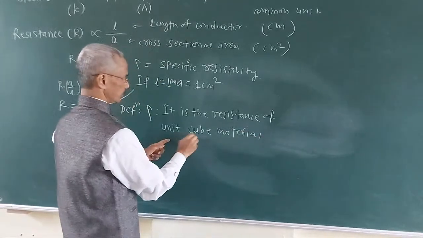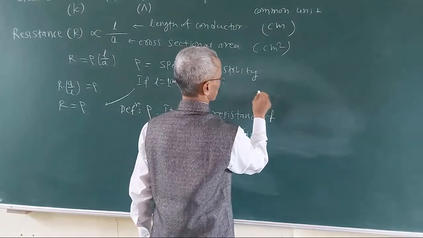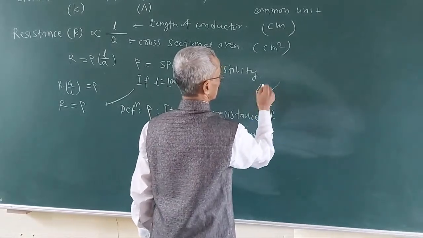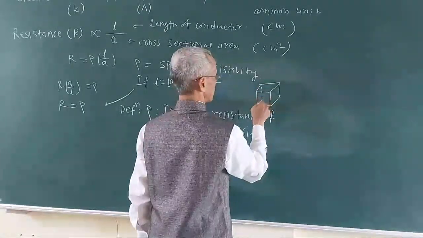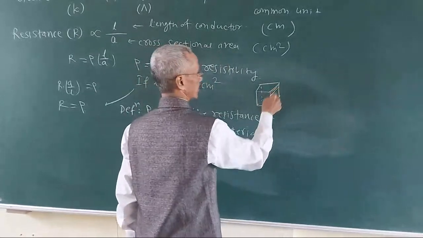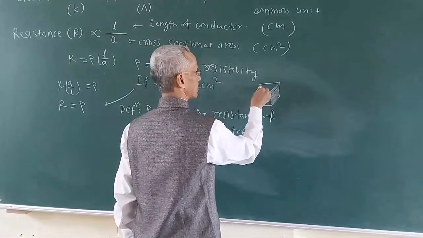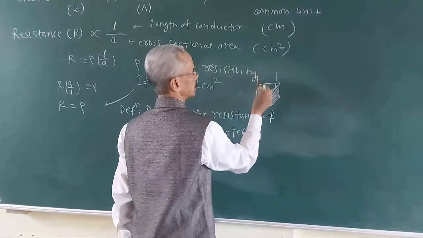What is a unit cube? That means if you consider your conductivity cell, there are two electrodes. Suppose this is one electrode and this is the other, attached like this.